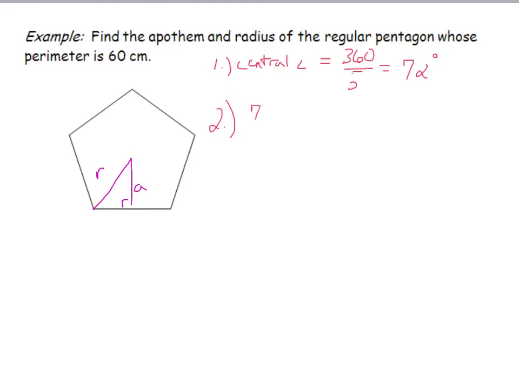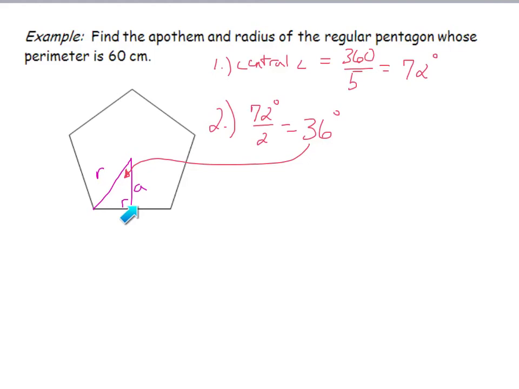If I take 72 degrees and divide it in half, I get 36 degrees. That's what this angle is right here. Now that I have that angle, do you realize you're working with a right triangle? In a right triangle, if you have an angle and one of the sides, you can use SOHCAHTOA to figure out the other missing sides.